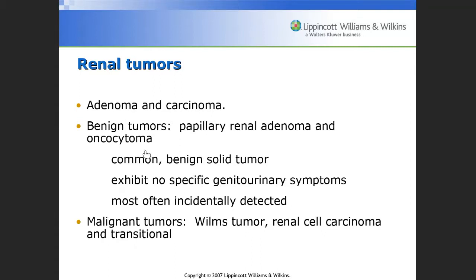And now in children, there is a tumor called the Wilms tumor. I'm going to show you a little bit on the Wilms tumor and how the tumors derive from cells, sort of like the stem cells involved in maybe the kidney, if you will, or the nephron.